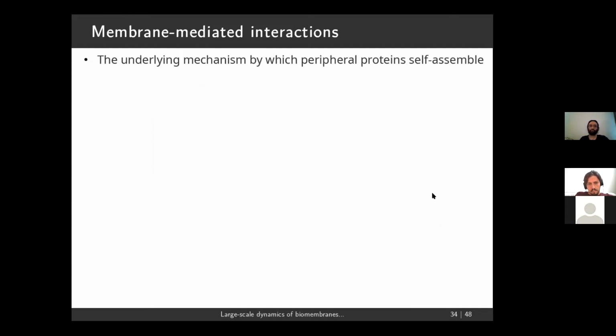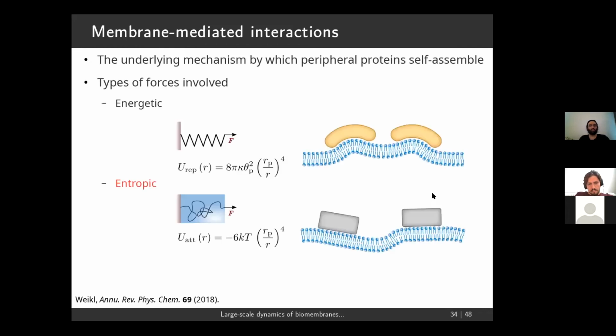So in general, there are two types of membrane-mediated forces that could exist, and there is a huge amount of literature on this. If you're interested, we could have forces of energetic nature.